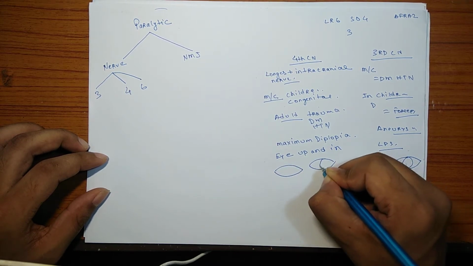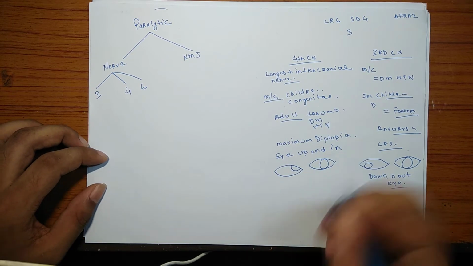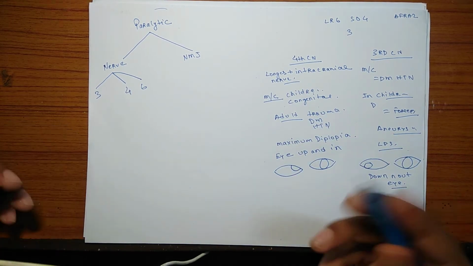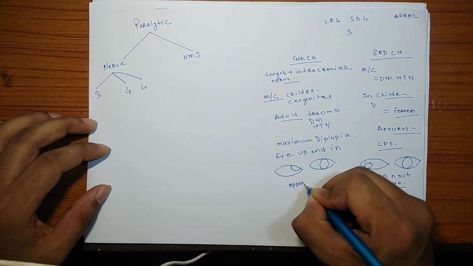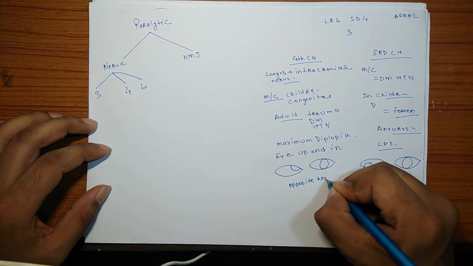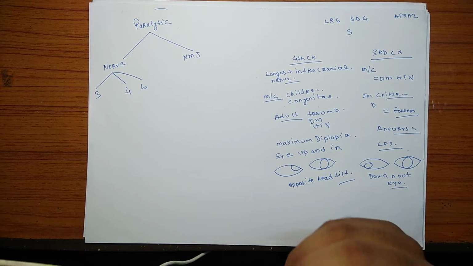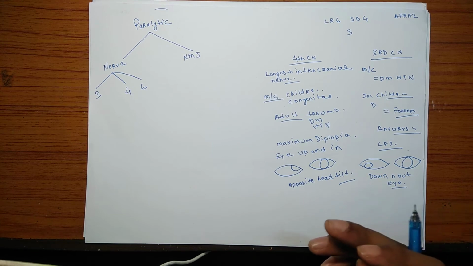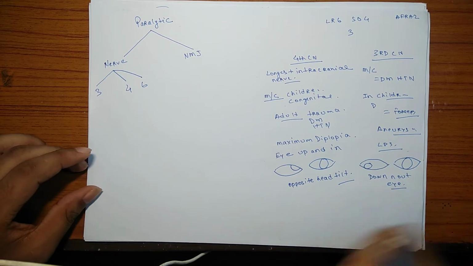This is a normal eye, this will be up and in, the eye will be somewhat like this. And there will be an opposite head tilt. So if you're having squint in the right eye, you'll be moving your head towards your left shoulder. Opposite head tilt, right?